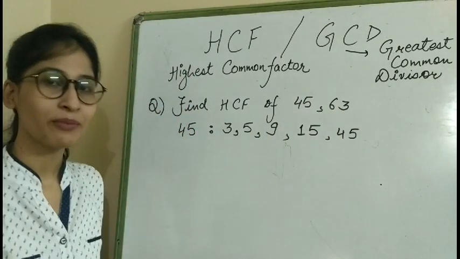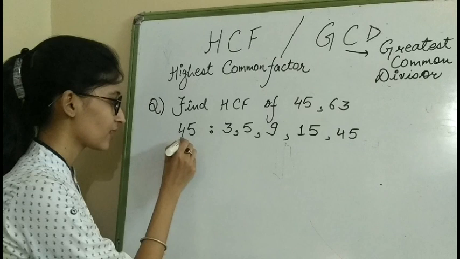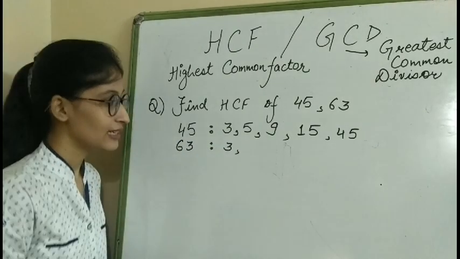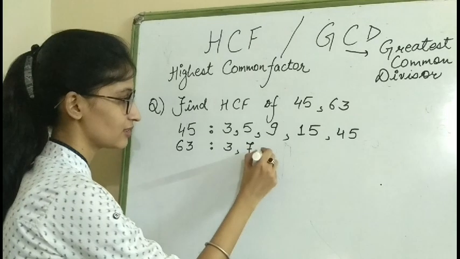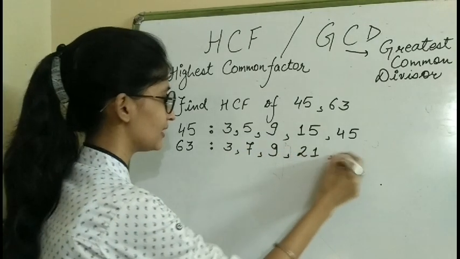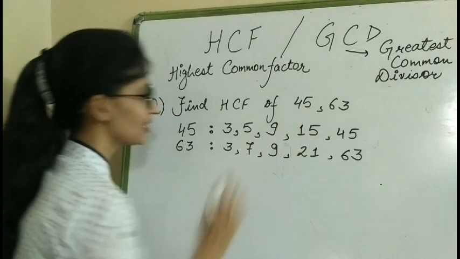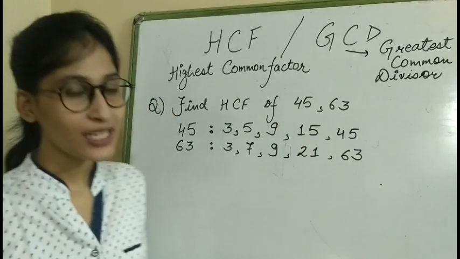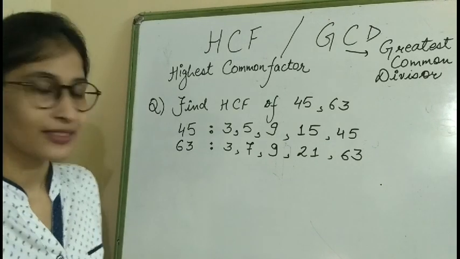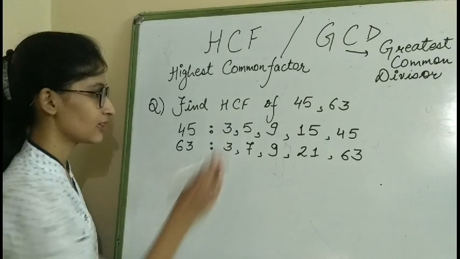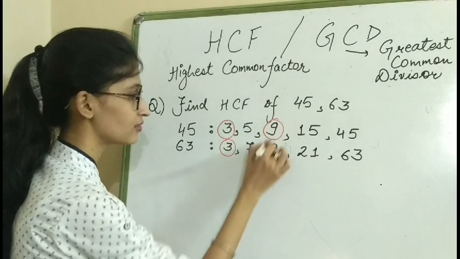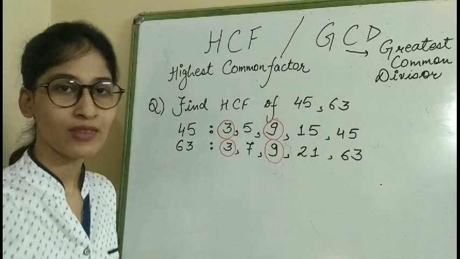Next I have to write the factors for 63. 63 is divisible by 3. Next 7. Then 9. 21 and then 63 itself. Next we have to select the common factors. So the common factors here you can clearly see are 3 and 9.